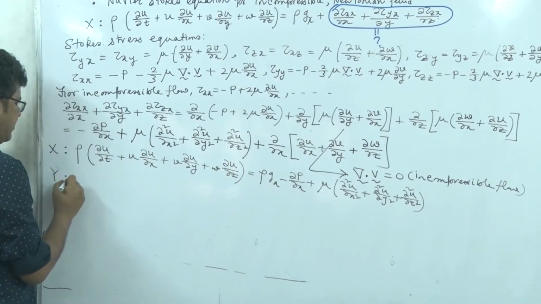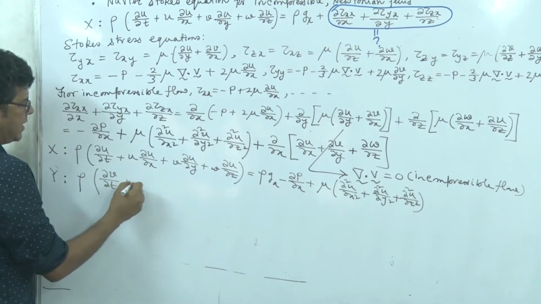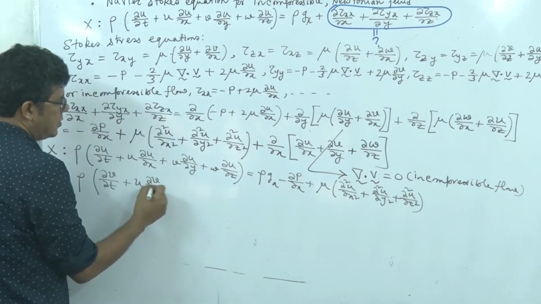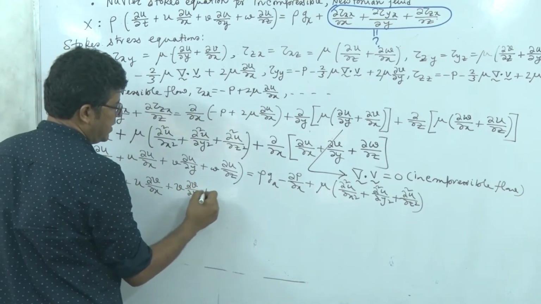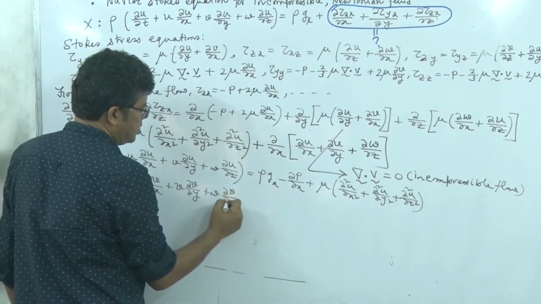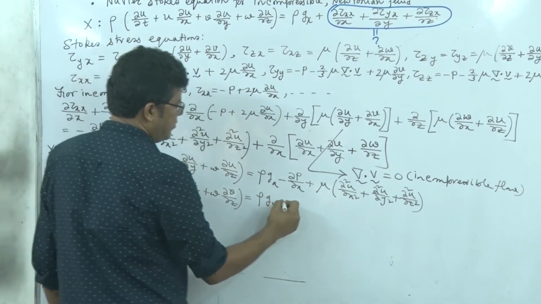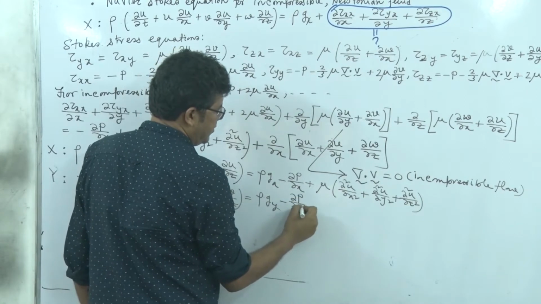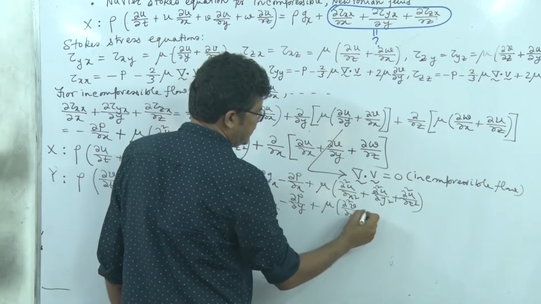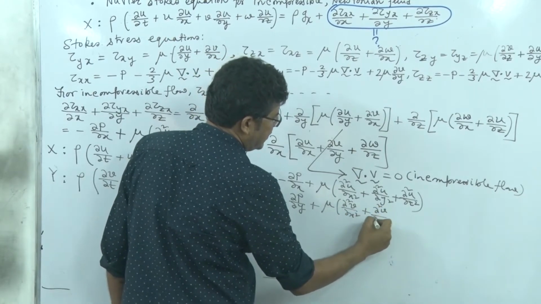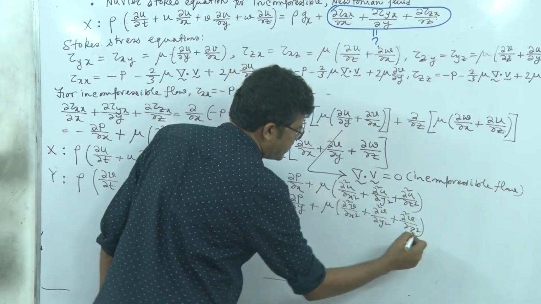Y directional term: rho into del v del t plus u del v del x plus v del v del y plus w del v del z is equal to rho gy minus del p del y plus mu into del square v del x square plus del square v del y square plus del square v del z square.